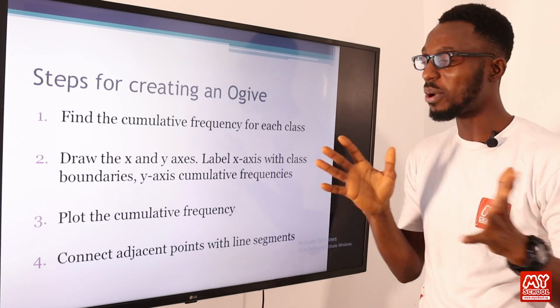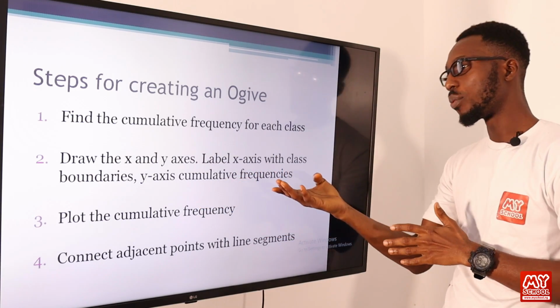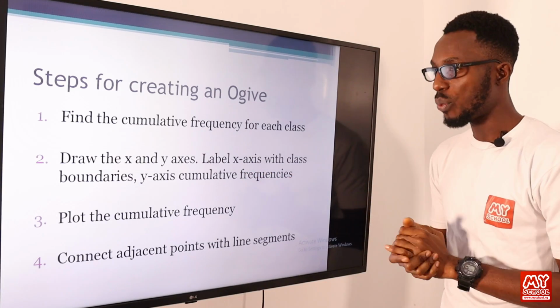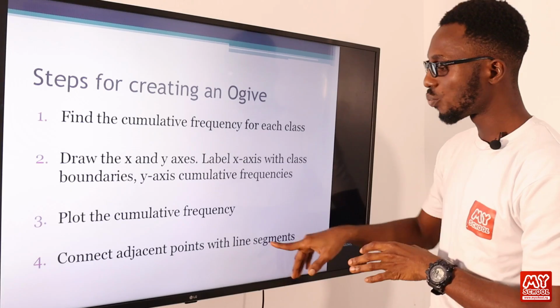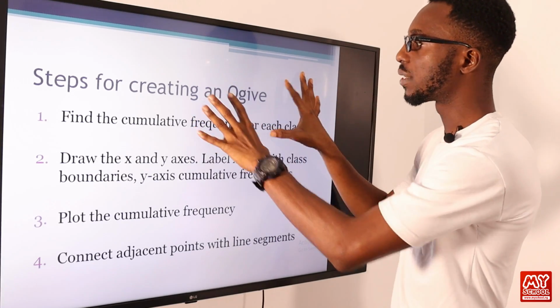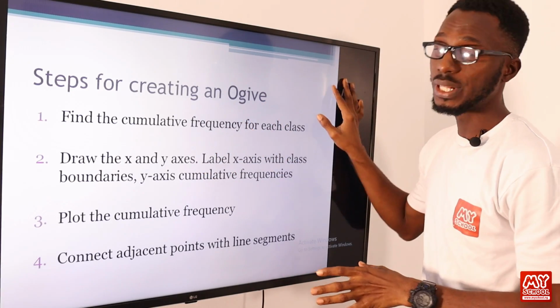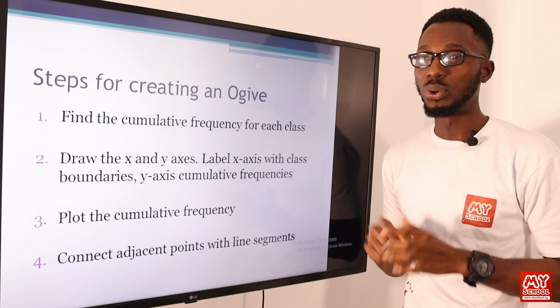What is class limit? All of those things will be properly sorted out. Then you have your Y axis as your cumulative frequency. Then you plot your cumulative frequency. You connect the adjacent points with line segments. Of course, your Ogive is actually a smooth curve. It is not made of line segments like your frequency polygon.